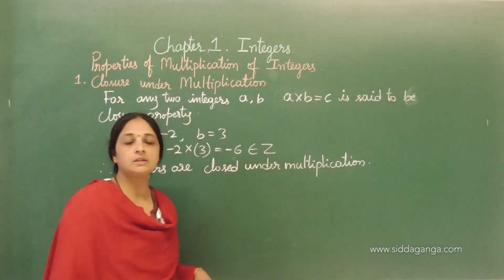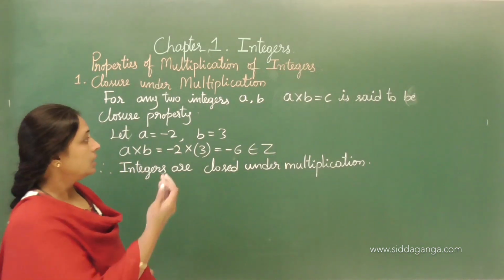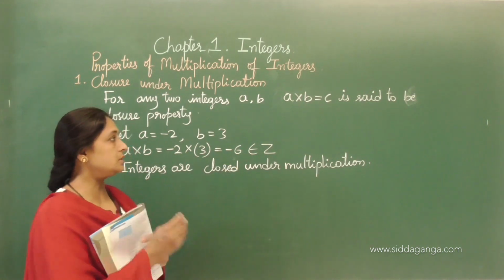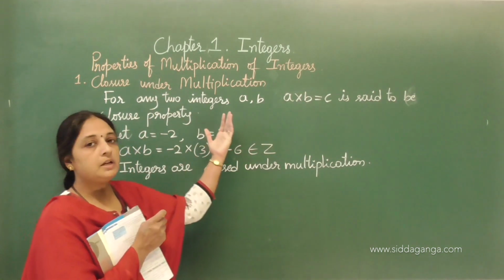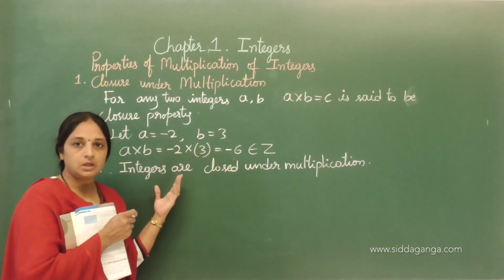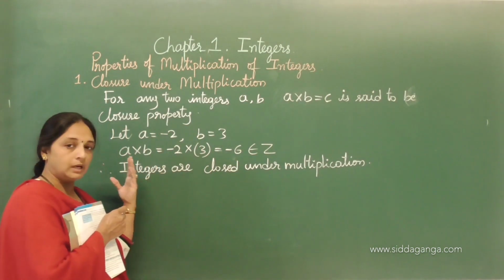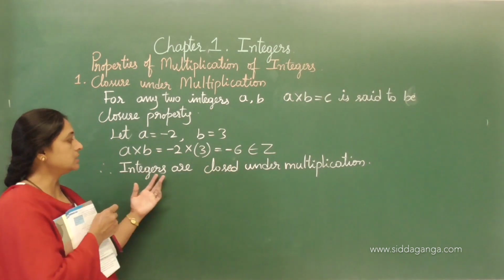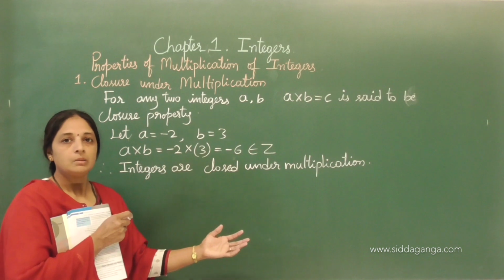If any question is there to check the closure property, then you have to write like this. First you have to write the condition or the rule. Then you have to take any two integers, multiply them, then we get an integer here, then you can write like this, integers are closed under multiplication.